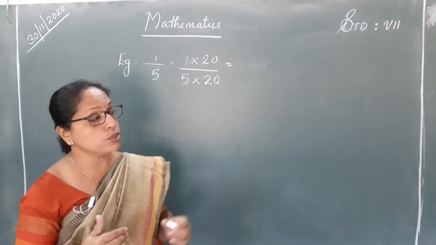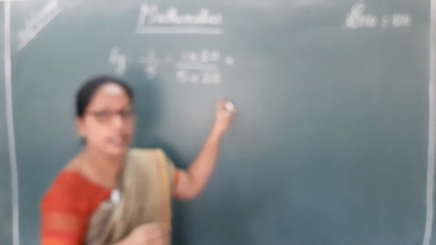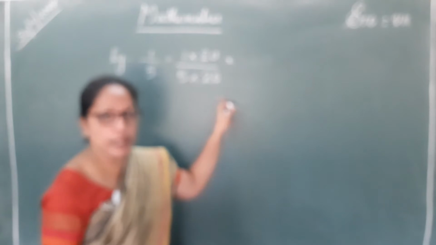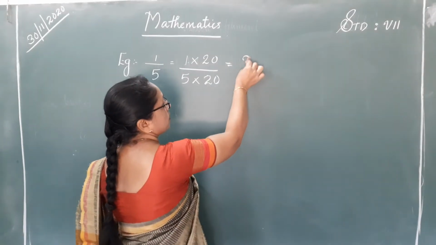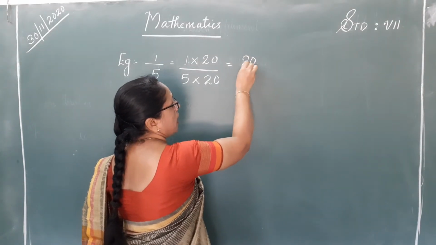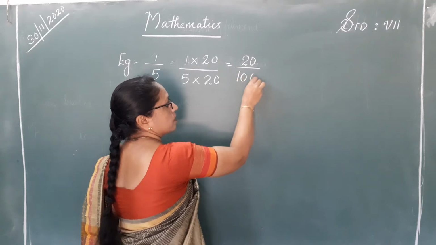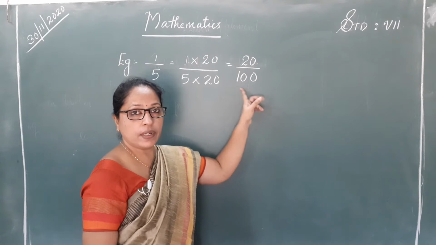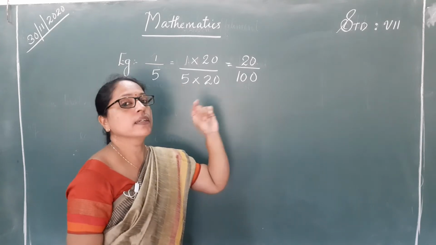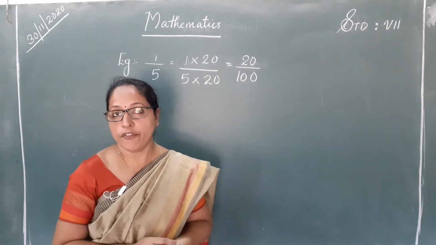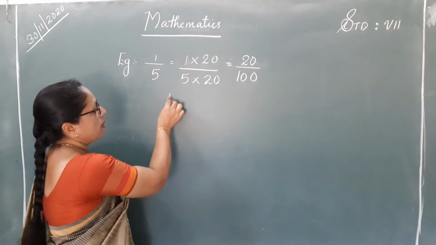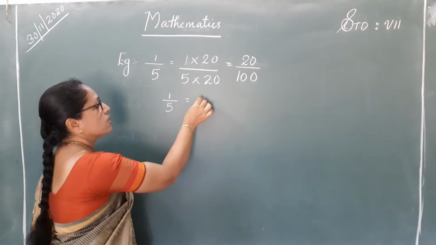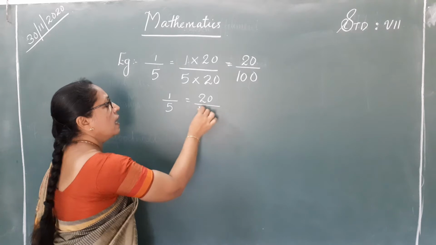Since I asked you to make the denominator 100, we are multiplying here by 20. So what do we get? 20 by 100. So 1 by 5 and 20 by 100 are known as equivalent fractions. So 1 by 5 is equal to 20 by 100.